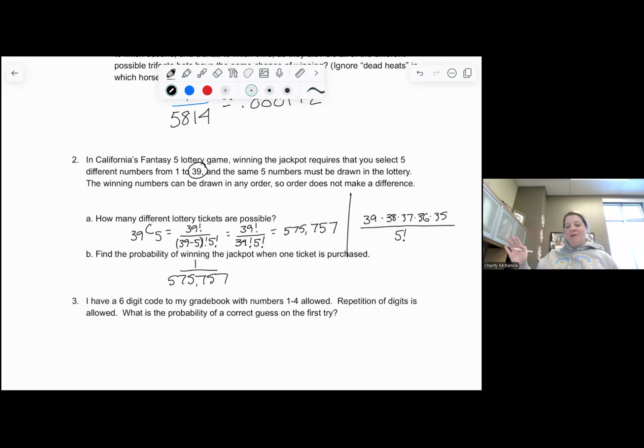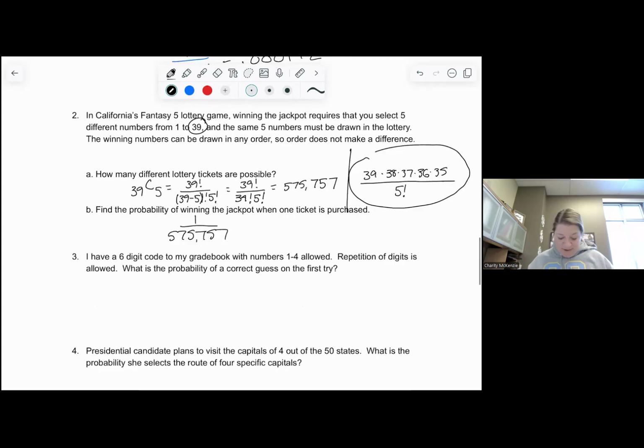You just multiply them across, but for a combination, you would have to divide by 5 factorial, because those are the numbers that you're leaving off each time. You left off 1, then 2, then 3, then 4, then 5. So that's where that comes from. So this gives us the same answer here. Trying to get you to think through probability is hard. All of us think through it a little bit differently.